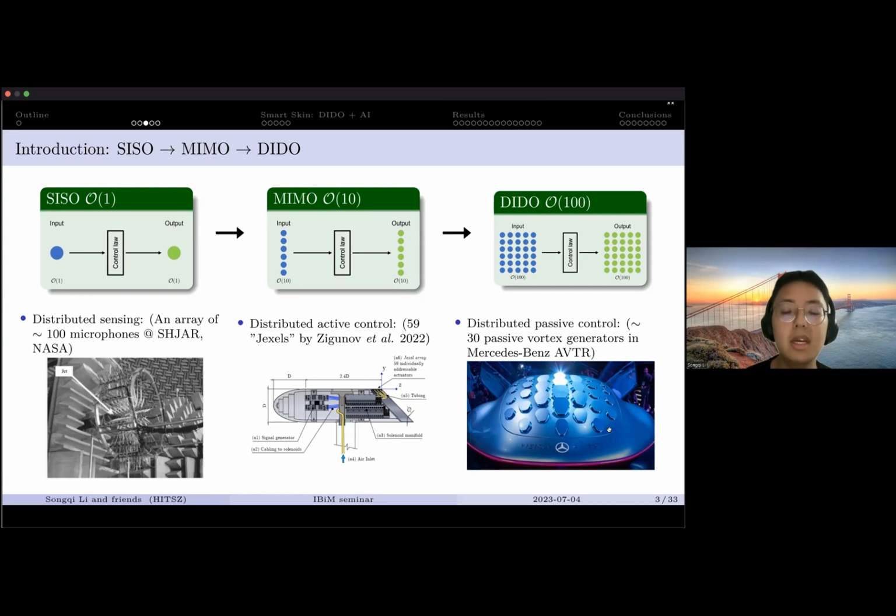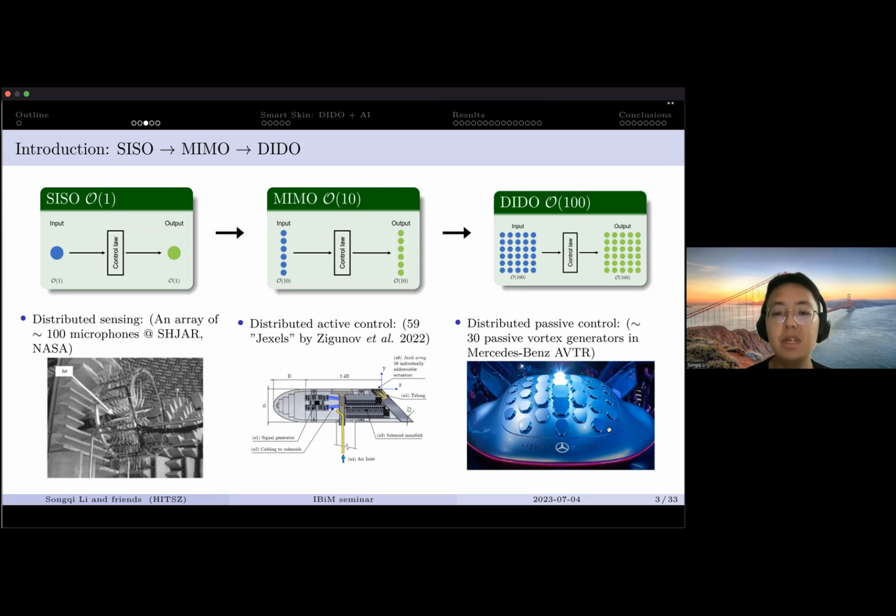Currently in industrial applications, the mainstream is more on the MIMO side. By using on the order of 10 sensors and actuators, we can use this sensor input to effectively perform control in different industrial and academic plants.